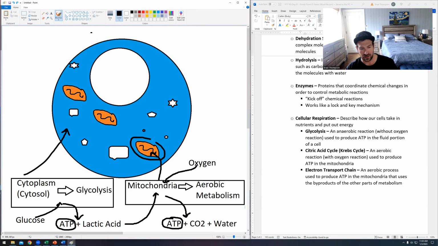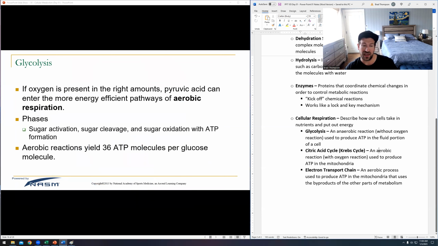And all of that is going to spit out 36 to 38, depending on who you ask, molecules of ATP, tons and tons of energy. And it does it through these two processes here. One is called the Krebs cycle. That's what actually uses the lactic acid directly. And one is called the electron transport chain. That's the remainder, everything that's left after the Krebs cycle.